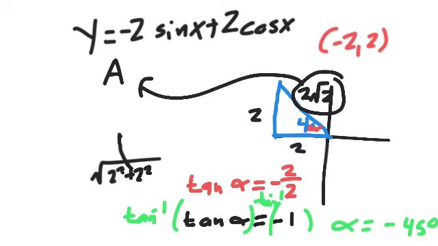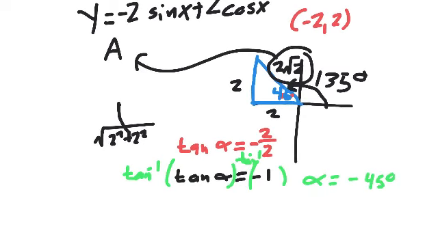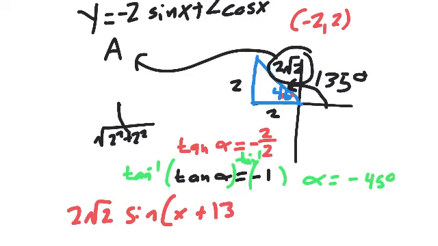So you know that this angle here is a 45-degree angle. So how much did I rotate to get there? I rotated 135 degrees to make that reference angle be 45. So this would be A, which is 2 radical 2 times sine of x plus alpha, which is 135 degrees.